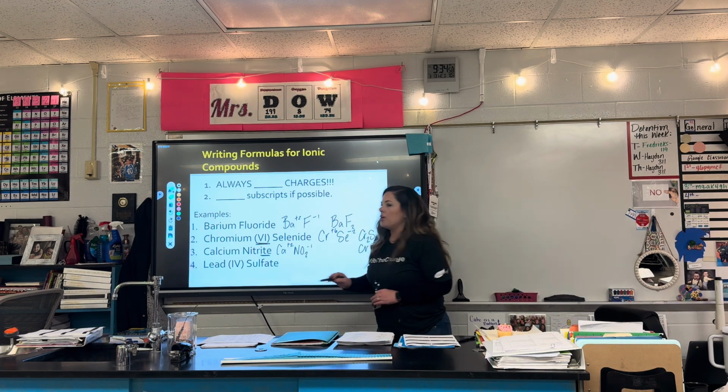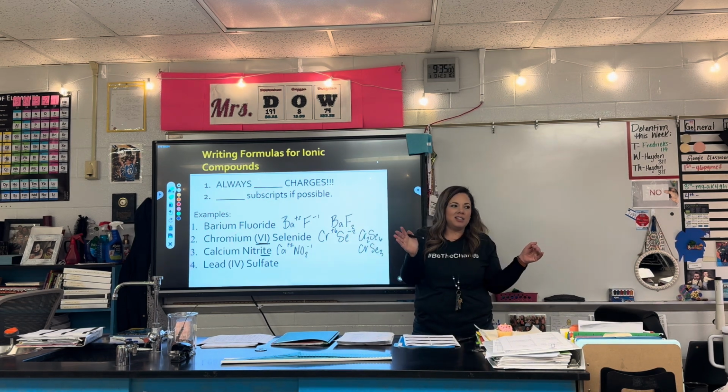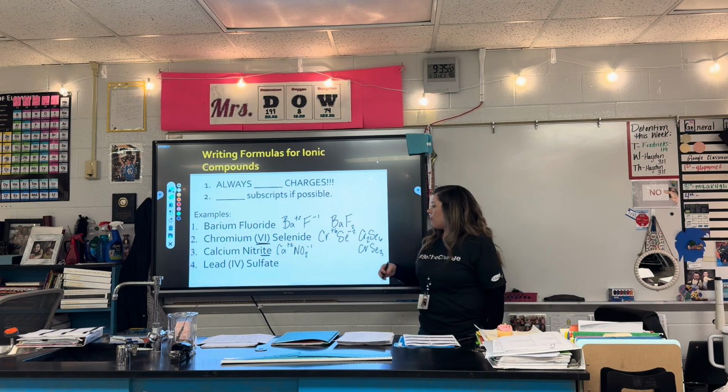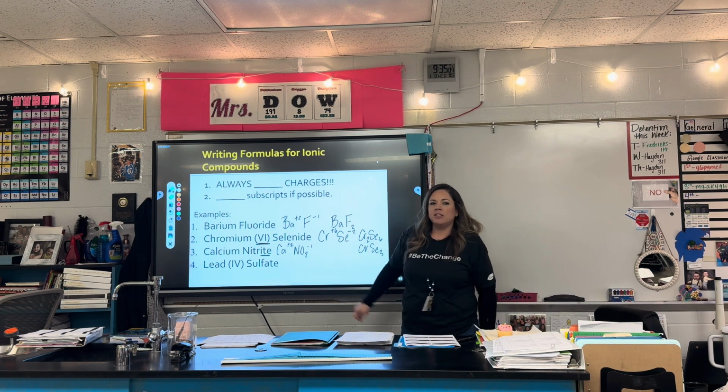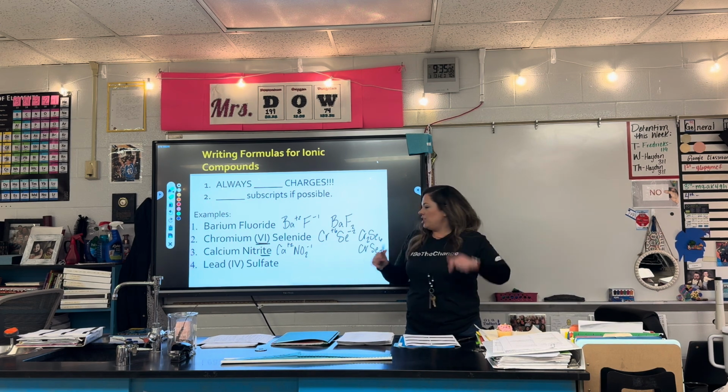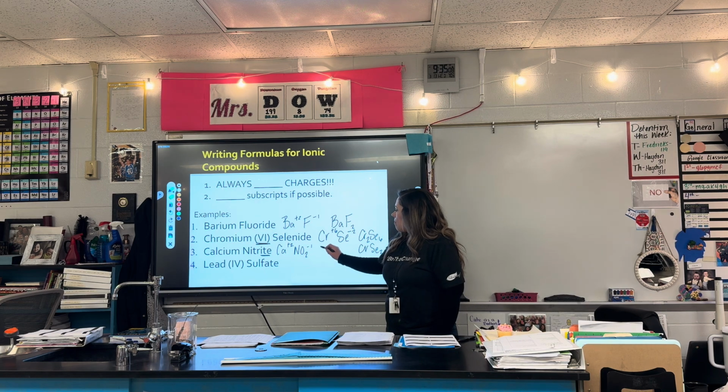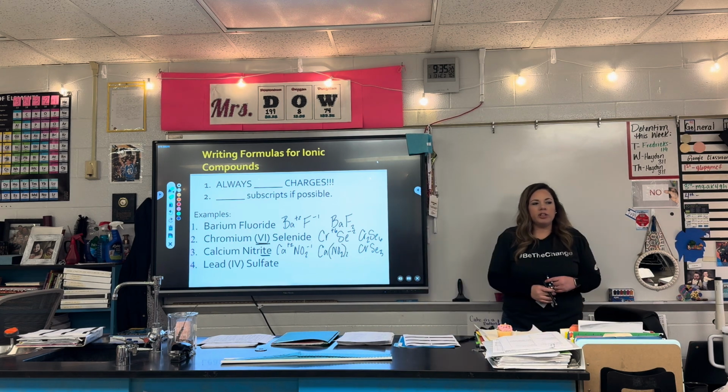So be careful with your ites, eights, and ides. Ide is the element. Alright? So when I cross this, what do I get, AJ? Perfect. Parentheses around our polyatomic ion with the 2 outside.